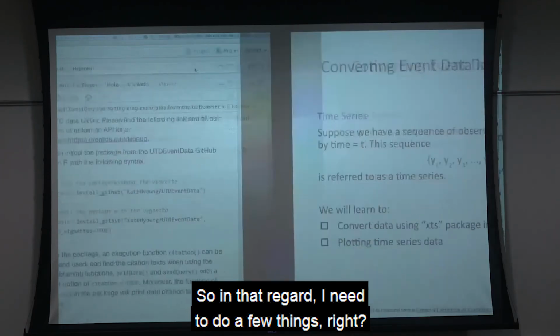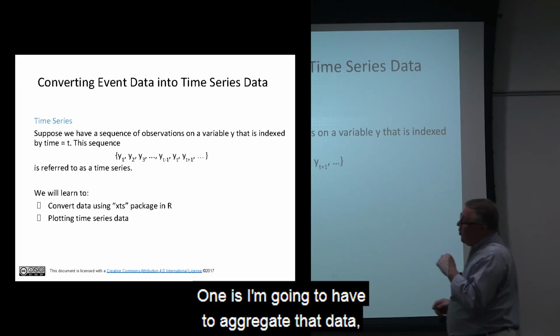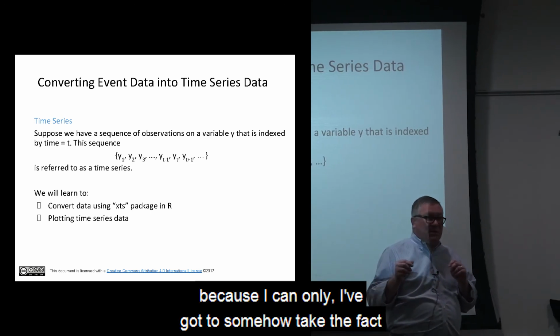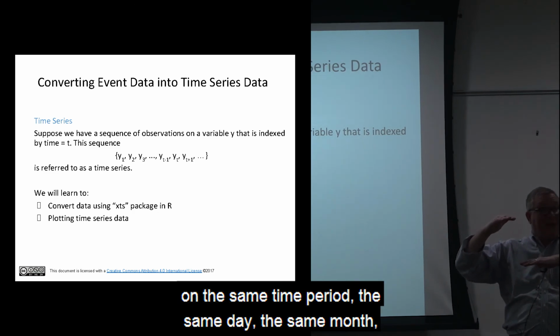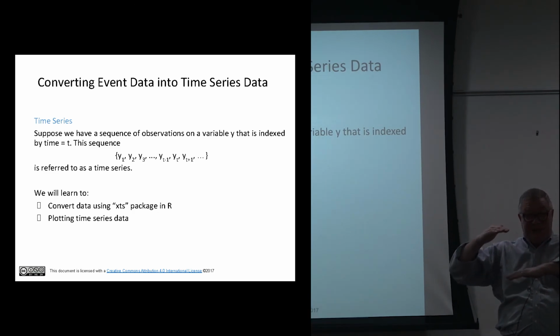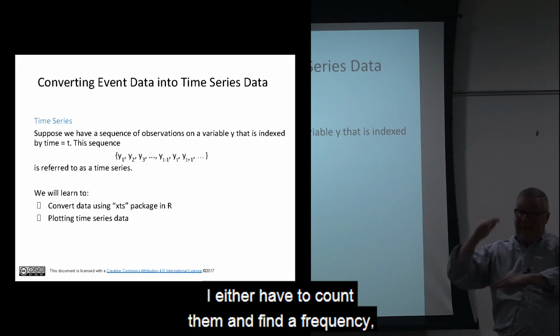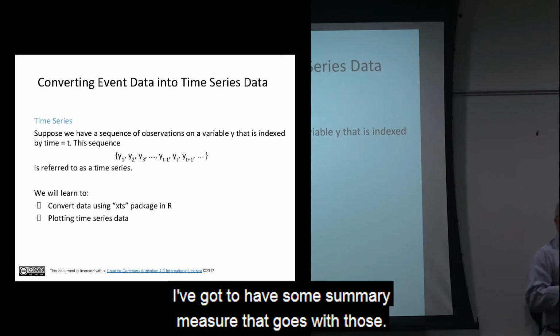So in that regard, I need to do a few things. One is I'm going to have to aggregate that data, because I've got multiple observations on the same time period, the same day, the same month, and I need to put those together. I either have to count them and find a frequency, or average their types, or something like that.